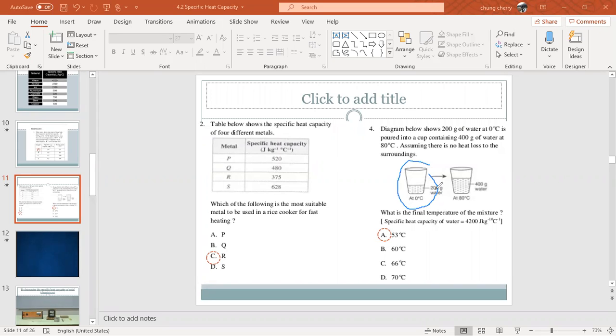Then another one is 400 gram, with the initial temperature is 80 degrees Celsius. You see here, assuming there is no heat loss to the surrounding. This is what we will always assume in chapter 4 questions. So the question is asking what is the final temperature of the mixture.